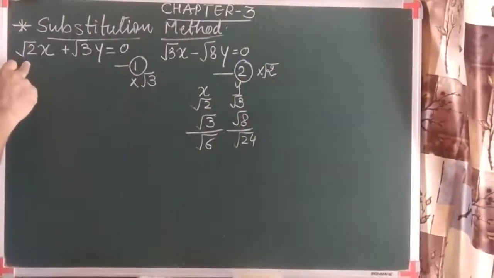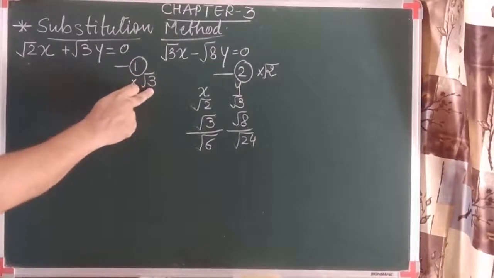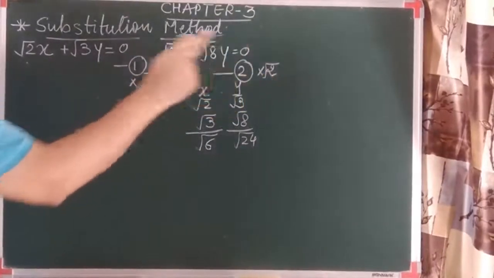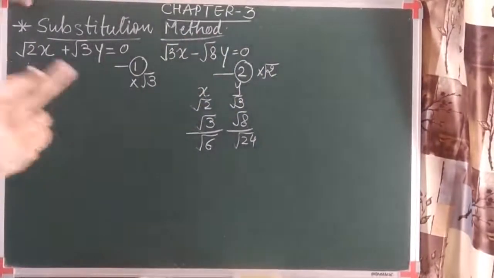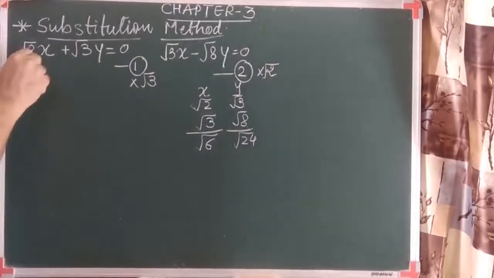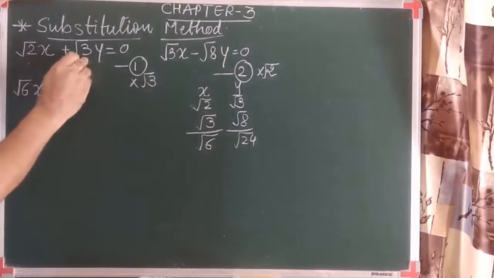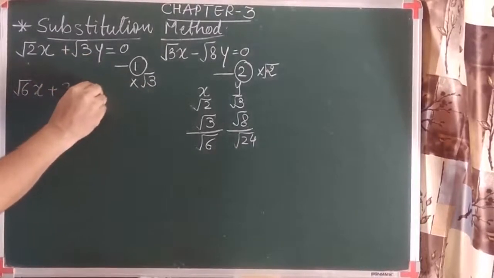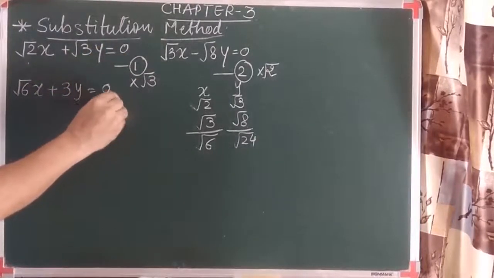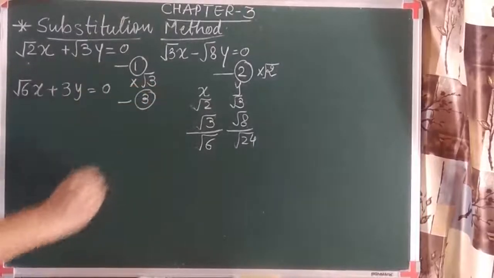So the first equation I will multiply with root 3 and the second I will multiply with root 2 to make the coefficient of x equal. So here we will obtain root 6x plus root 3 into root 3, that is 3y. 0 into root 3 must be 0. This is equation number 3.